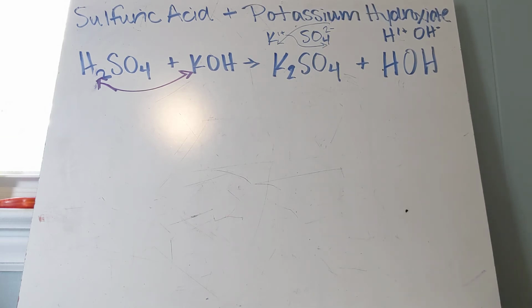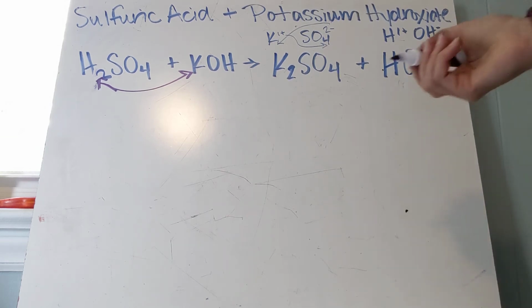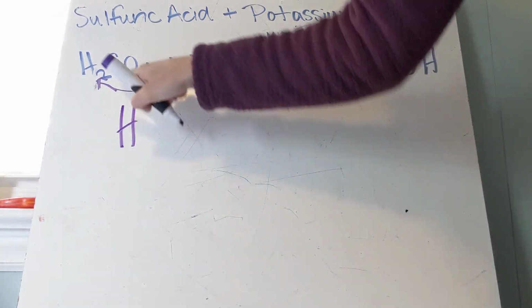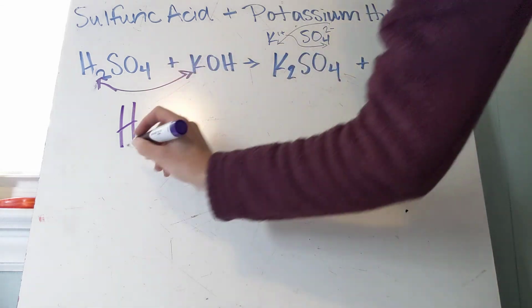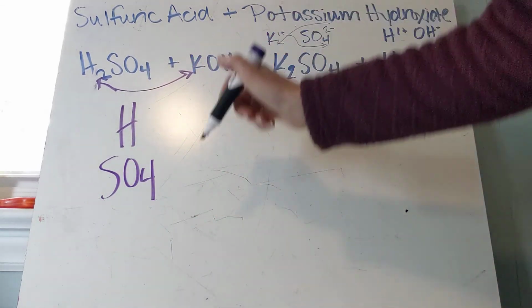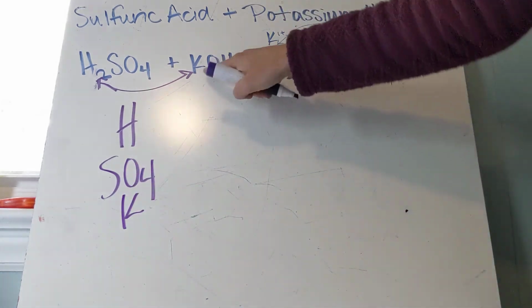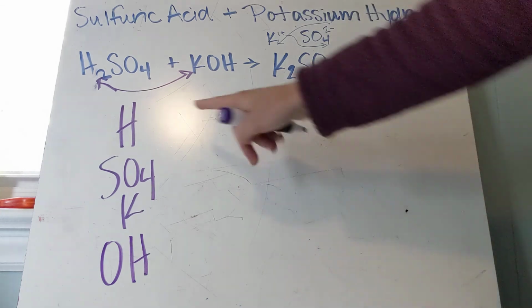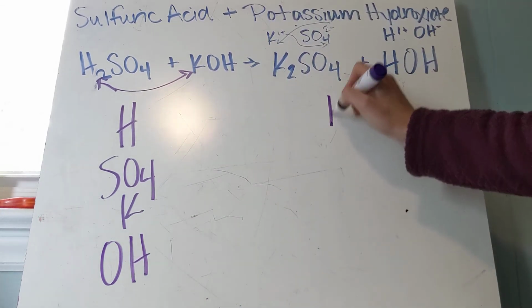Okay, so for my balancing, I'm going to count everything up. How many hydrogens? And then look, I've got a polyatomic ion here. So I'm going to count sulfates. Potassium. And again, I've got another polyatomic ion, hydroxide. Then I'm going to copy this onto the other side.